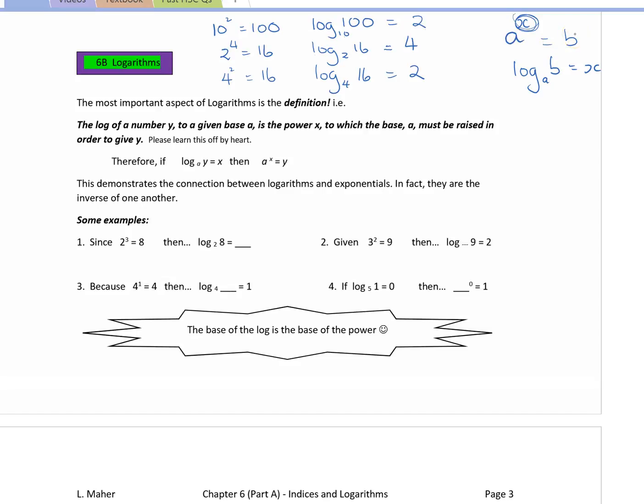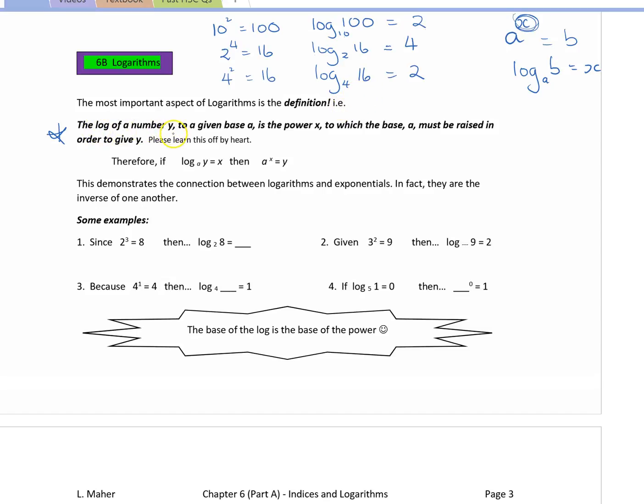Okay, the definition is the most important part of this exercise, and by definition, the log of a number y, so the log of 16, to a given base, and the base might change, so in this case to base 4, is the power to which that base, 4 in this case, had to be raised in order to give me the number I'm taking the log of.